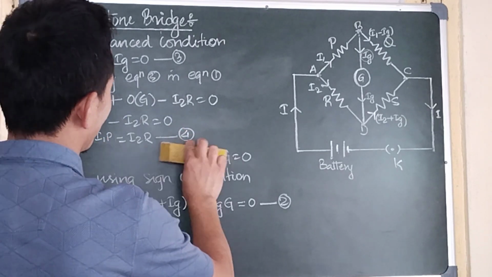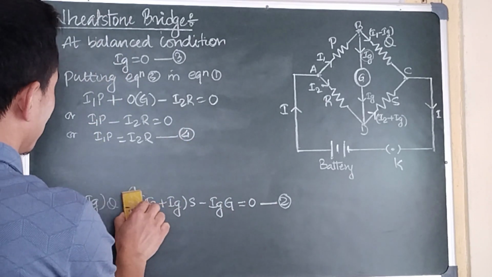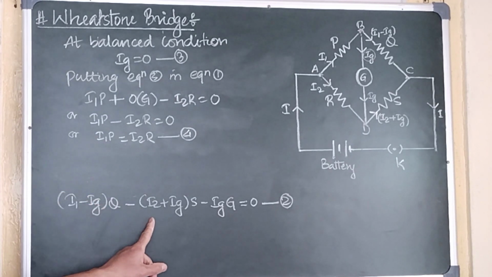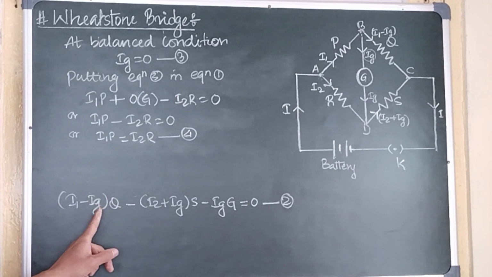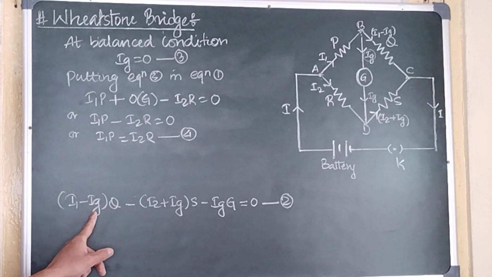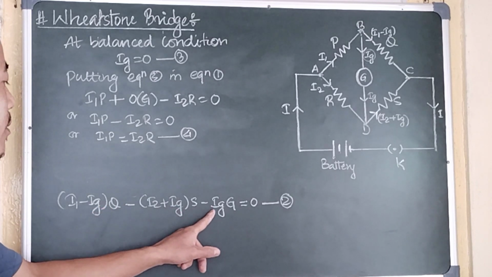Similarly, we will put the value of IG equals 0 in equation number 2. If you put IG equals 0 in equation number 2, this becomes 0, this becomes 0, and this becomes 0.